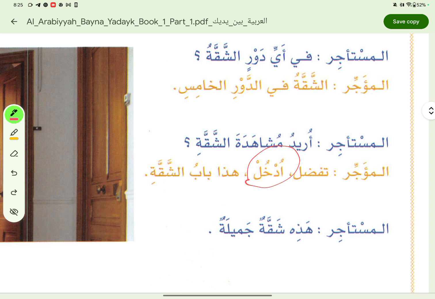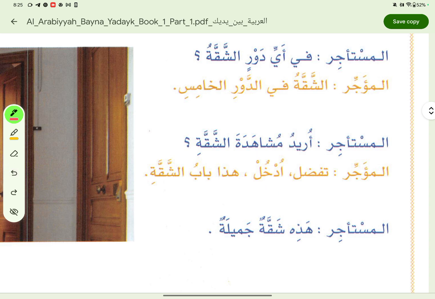That's the reality. You see how much I had to explain just for that one word. It doesn't really mean a command like come in, but it means like come in, come in, تفضل, udkhul. It's not command as we know it in English, but that's how it is.